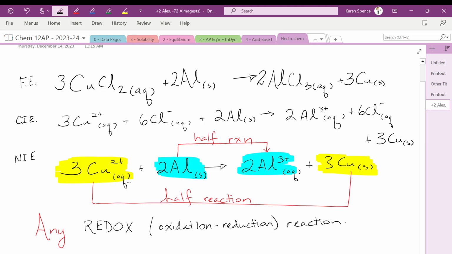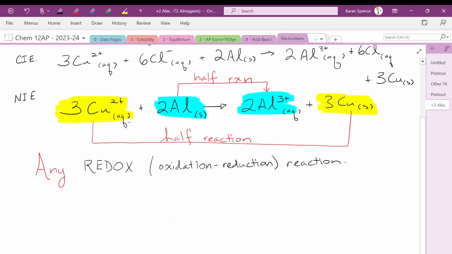Now, I don't know why we always call it oxidation reduction reaction, or redox. If we call it redox, why we don't call it a reduction oxidation reaction, but we don't. It's just weird. But we're good? Okay. Any redox reaction can be split into 2 half reactions.